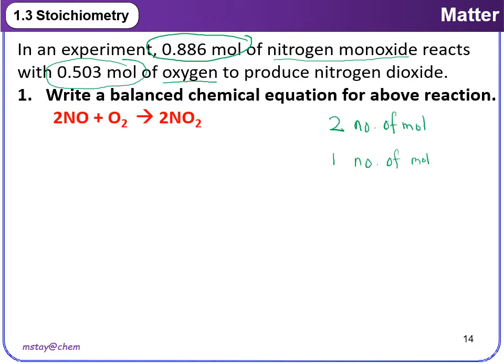So basically, if you notice the question gives us two numbers of mole, we need to identify the limiting reactant before continuing with further calculation. However, if you recall back in the previous video, we were always given one number of mole and we did not need to identify the limiting reactant, because there is only one piece of information, so we directly assume that substance is the limiting reactant.